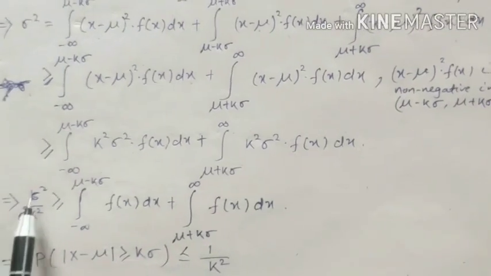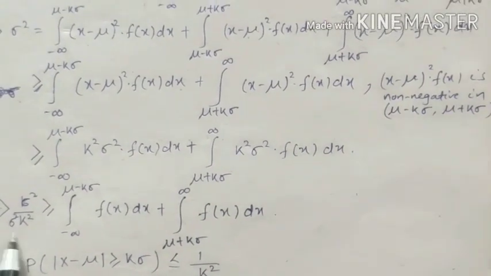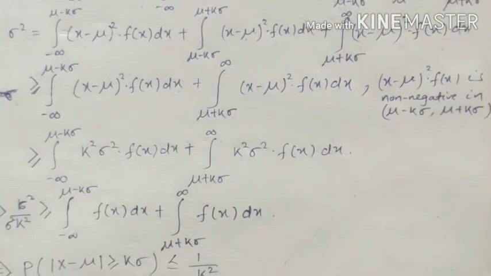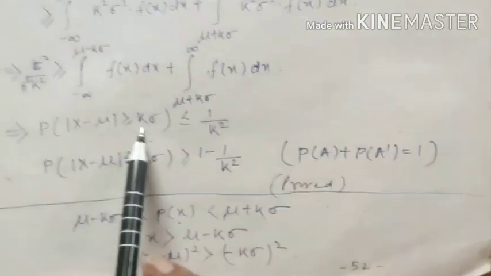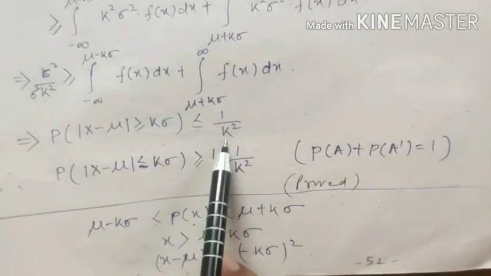That implies sigma square is greater than or equal to k square sigma square times this probability, and the probability of mod X minus mu greater than or equal to k sigma must be less than or equal to 1 by k square.